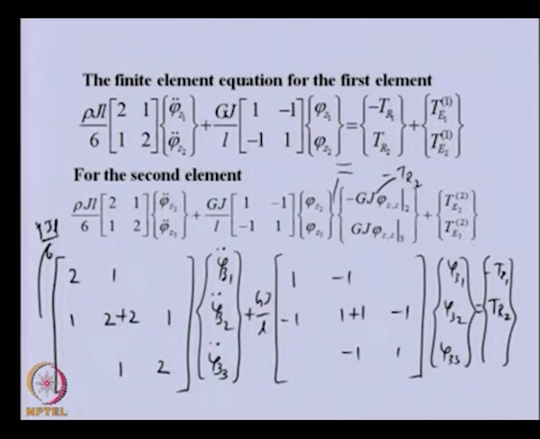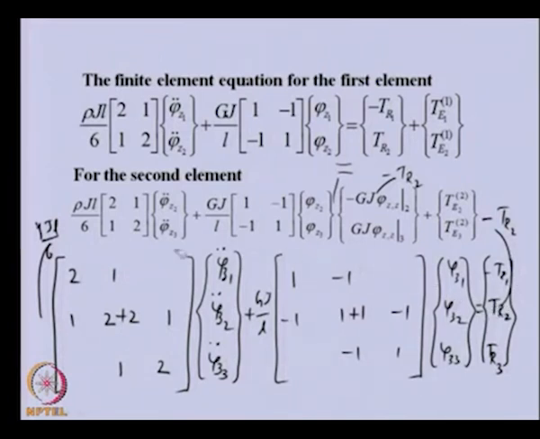So we will have here plus TR2 and, sorry, this is minus TR2, and TR3. You can see that here TR2 was from element 1 and this TR2 is from element 2. They are the same, so they will cancel each other at this particular node.